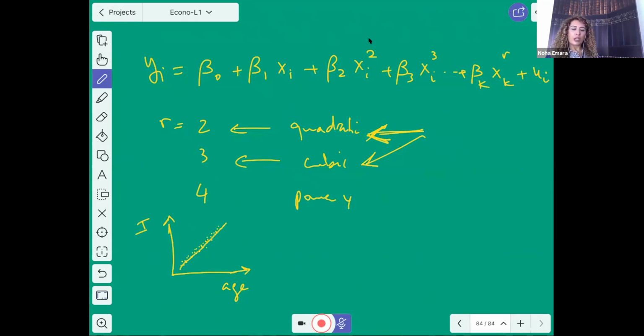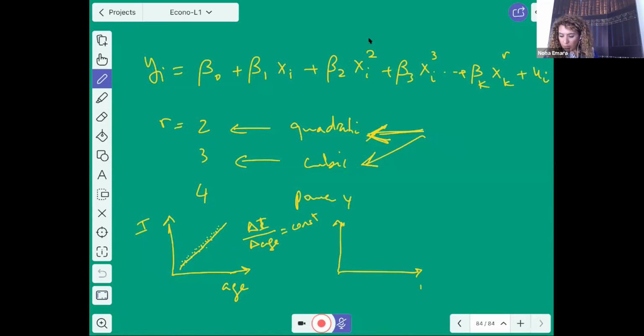However, in nonlinear models, we basically try to make it more realistic and say that the increases are not constant over time. The slope is not constant over time. So here we said that the change in income, because of the change in age, is constant, right? When I talk about linear.